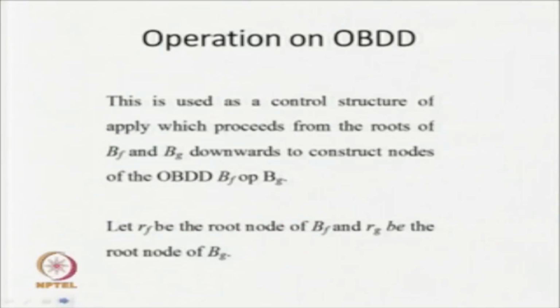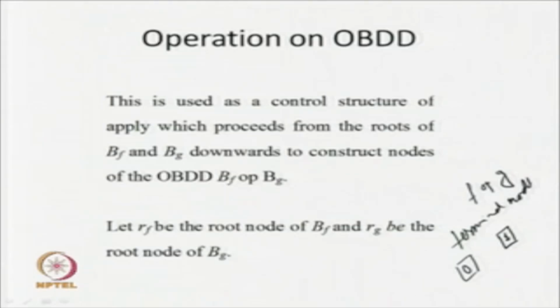And when we come to these terminal nodes, what will happen? In terminal nodes, we get the terminal values. In this case, we are saying f op g. Now, when we come down to terminal nodes, we have the value either 0 or 1.